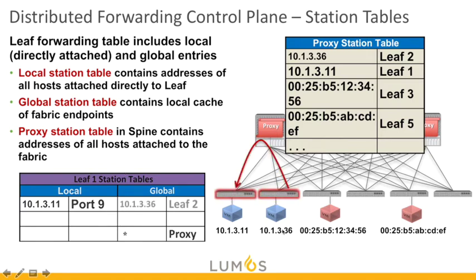So let's say 10.1.3.36 sends a packet to 10.1.3.11. Now we're going to put an entry in the global station table for 10.1.3.36, and we can send that to leaf 2. A packet comes in, we learn it, and we program it into the global station table. So now when we source a packet from 10.1.3.11 to 10.1.3.36, we'll send it to leaf 2.